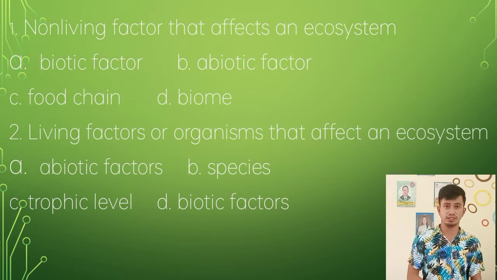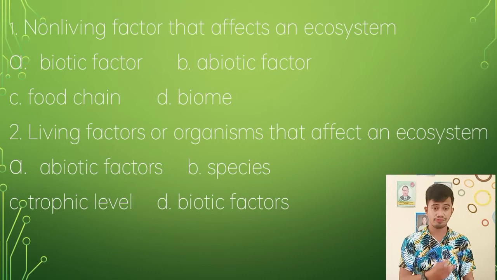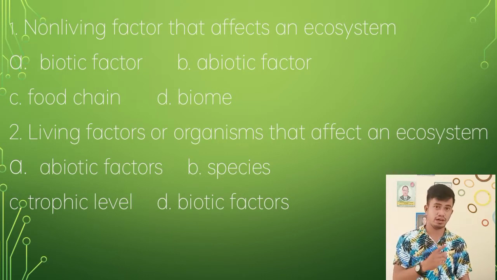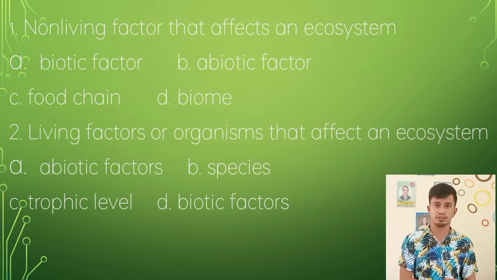Now let's proceed to number 2. Living factors or organisms that affect an ecosystem. We are dealing with living factors. Letter A, abiotic factors. B, species. C, trophic level. D, biotic factors.